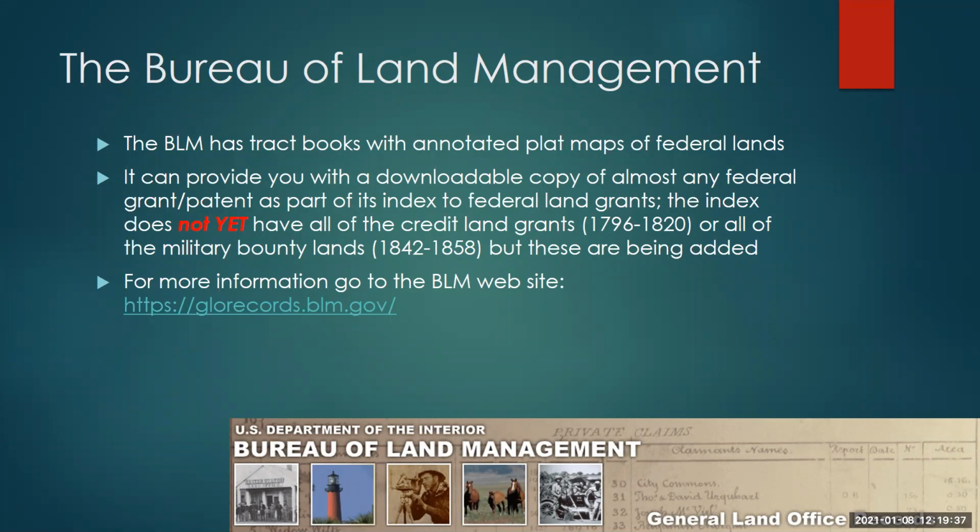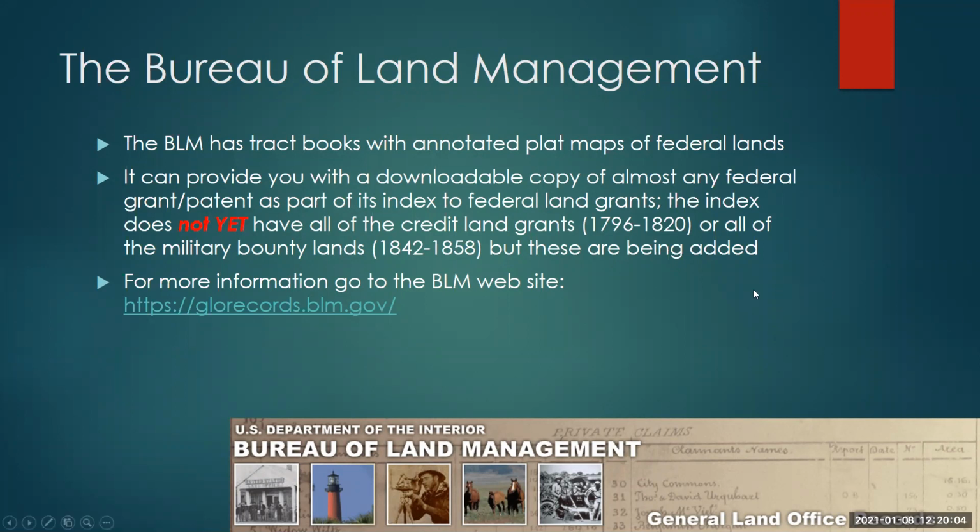And of course, what you can do then is stain it with some coffee, blow dry it, put it in a frame, and then lie to people about it being the original document. But anyway, what the Bureau of Land Management has been doing is they've been scanning all these land grants, also called patents, onto their website so that you can find the ones for your ancestors and, as I say, print them off for free on your printer.